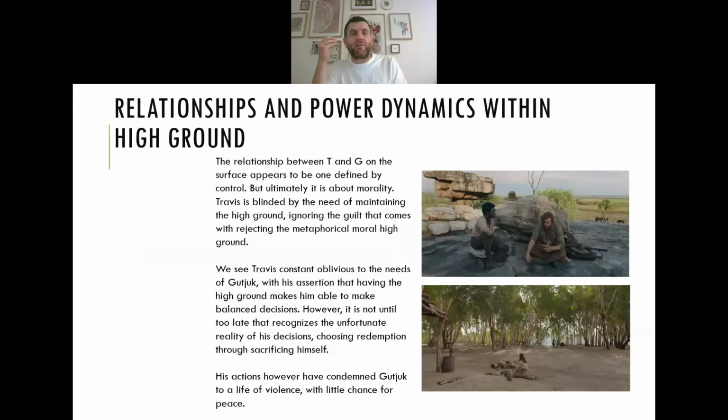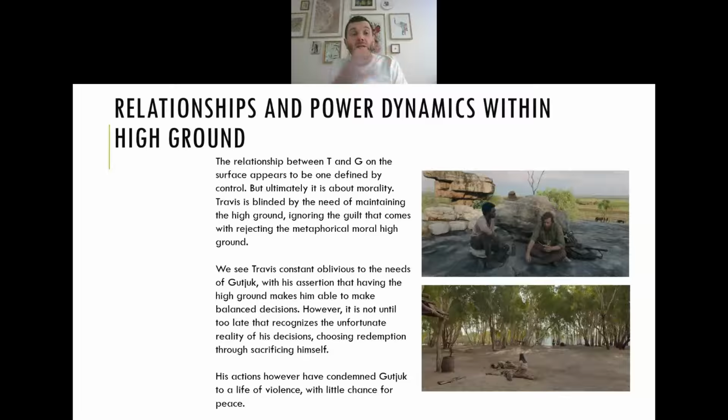So the relationship between Travis and Gutjuk on the surface appears to be one defined by control, but ultimately is about morality. Travis is blinded by the need of maintaining the high ground, ignoring the guilt that comes with rejecting the metaphorical moral high ground.